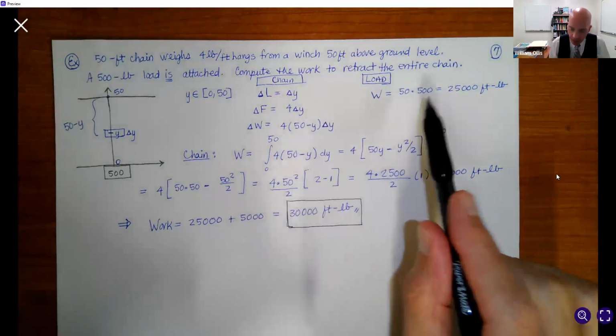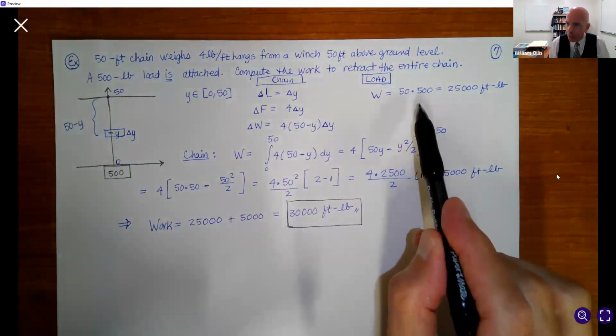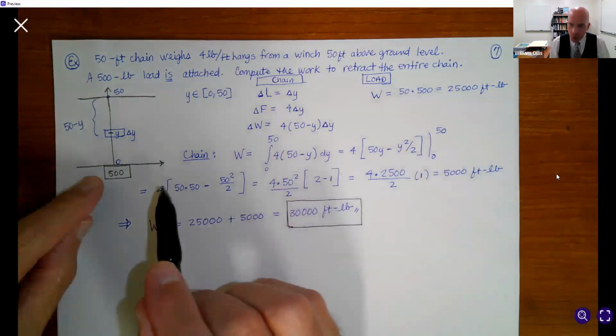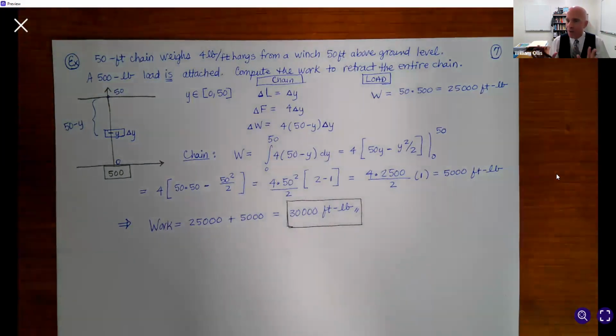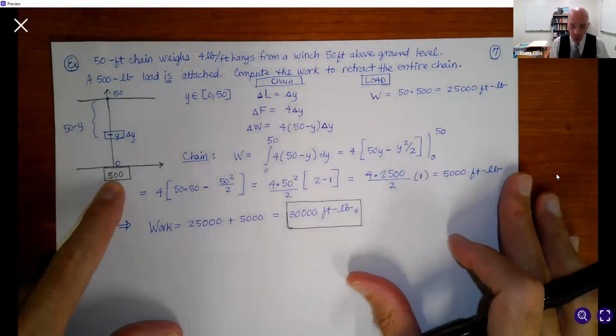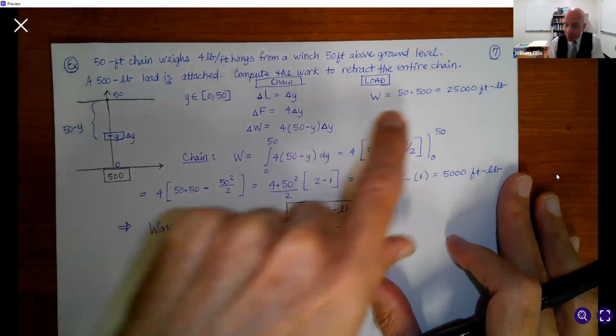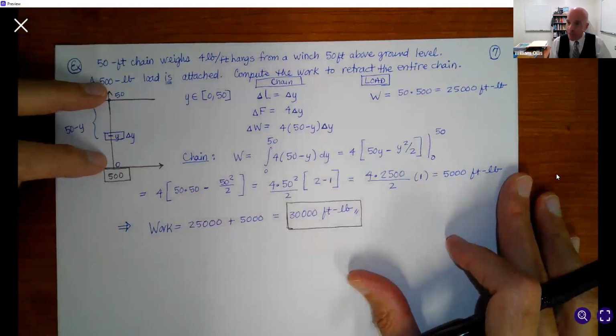Let's just go ahead and look at the work for the load. That's the simple part, because the force of the load does not change. It is non-varying, so to speak. So it doesn't get heavier or lighter. We're only thinking about staying close to the earth. And so this 500-pound weight is moved a distance of 50 feet.